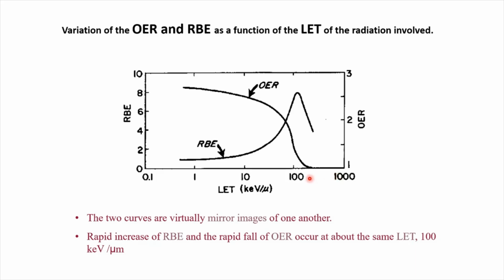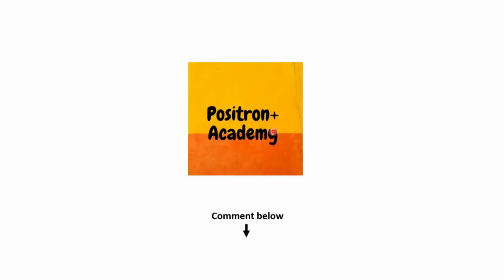We can see that these two curves are virtual mirror images of one another. As LET keeps on increasing, RBE also keeps on increasing, and this RBE attains a maximum at around 100 keV per micrometer, and the OER also drastically falls at around the same LET at which RBE rises. So the rapid increase of RBE and the rapid fall of OER occur around the same LET, that is 100 keV per micrometer. And that's all for today.